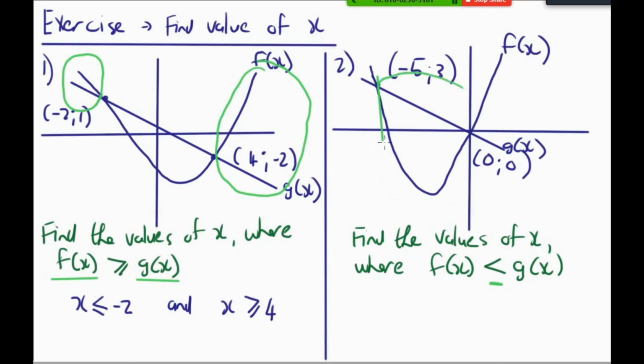I just don't want to go past that line over there. So if I look at my answer now, it's where x is greater than -5, because that's the x value over there, and x is less than 0. Okay, so that's my answer for those two sums.